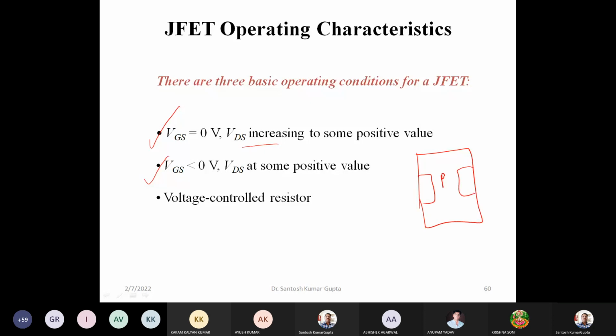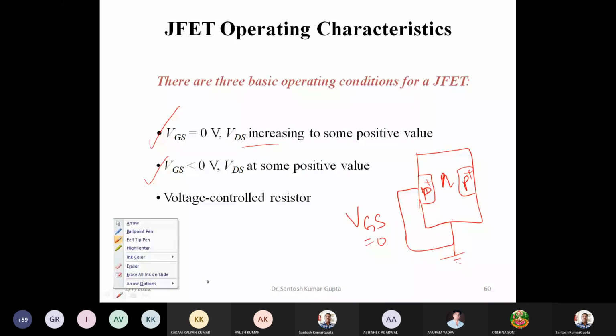Suppose this is N channel and this is P plus regions here. If we don't apply any gate voltage, the source voltage and gate voltage, both are say grounded here, such that VGS is equal to 0, then we can see what happens to the P plus N junction which is formed here.